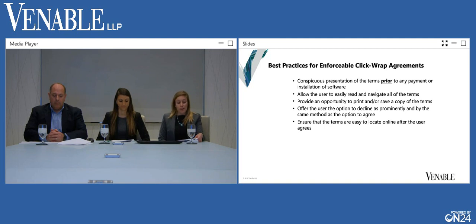We also recommend offering the user an option to decline that's as prominent as the option to accept. And you want to make sure that these terms are easy to locate for the end user even after they've accepted. So you can't just have them click a checkbox and then the terms and conditions disappear. They need to be able to go back and have the opportunity to review them at a later time if they choose.